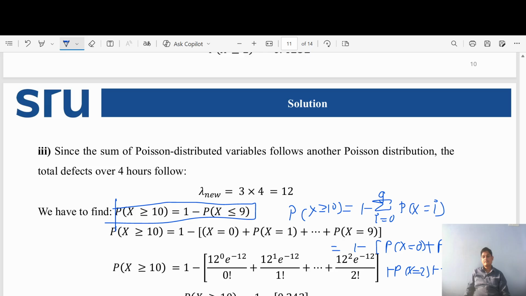We evaluate each probability using the formula P(X=k) equals e to the power minus lambda, lambda to the power k upon k factorial. Evaluate for each of 0, 1, 2 up to 9, add all of them and subtract from 1, then you get the required answer.